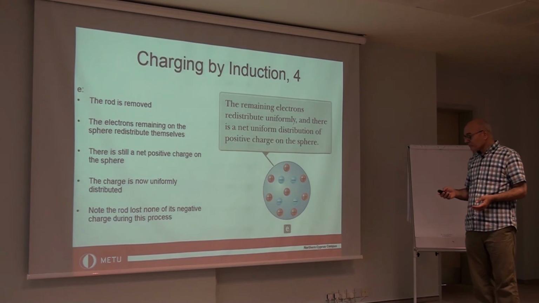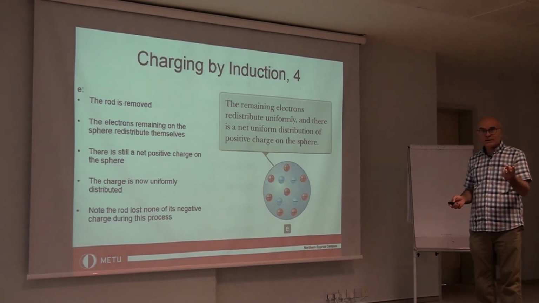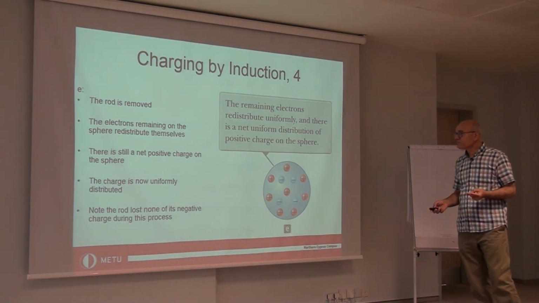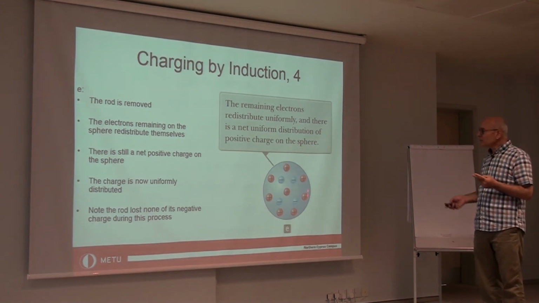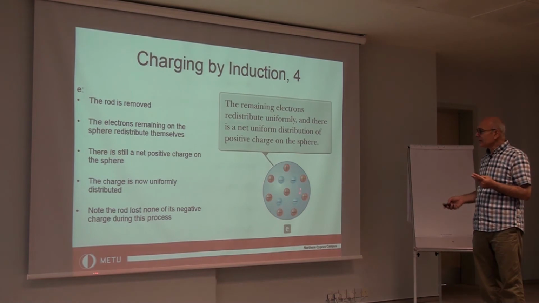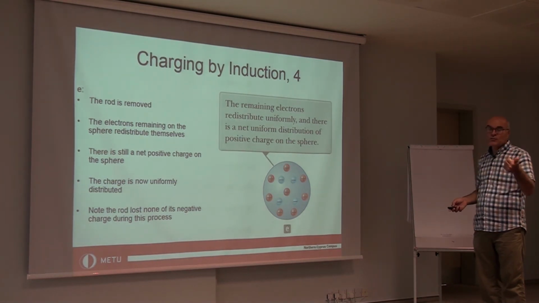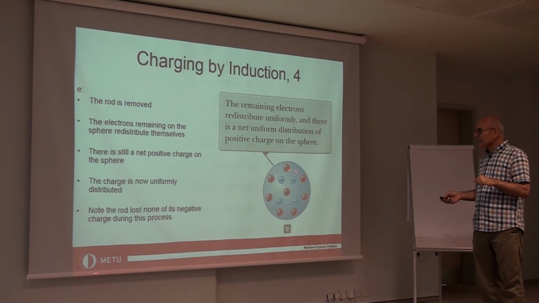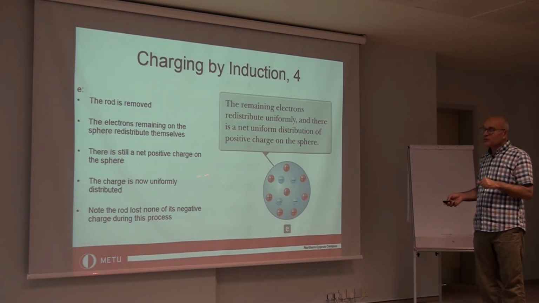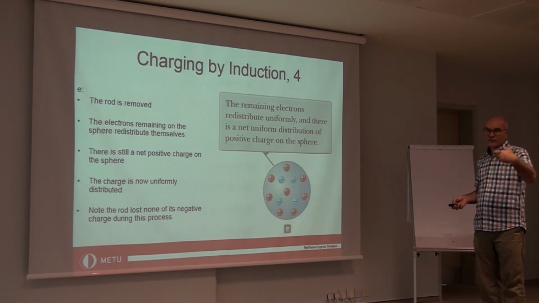Now, two observations are important here. The first observation is that when we want to charge the sphere with a positive charge, we used a negatively charged object. So if you want to charge this with a negative charge, you need to use a positively charged object to induce that charge.